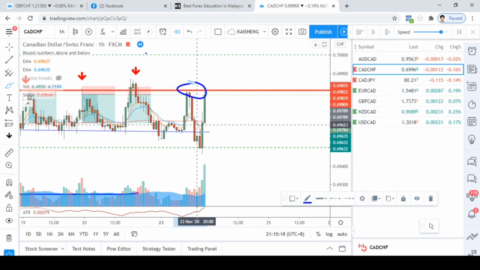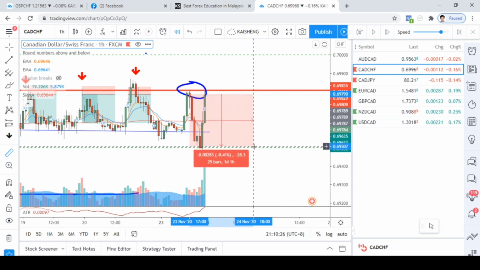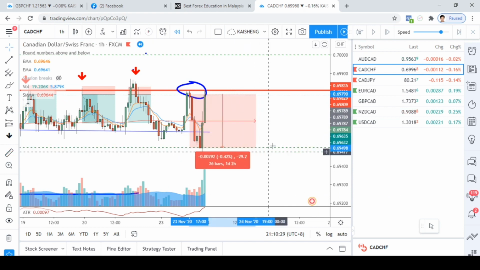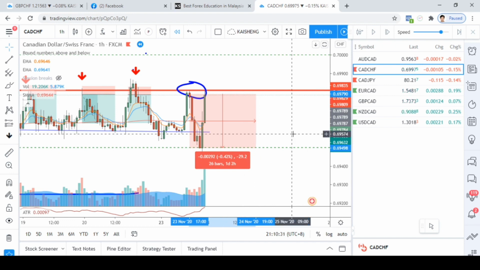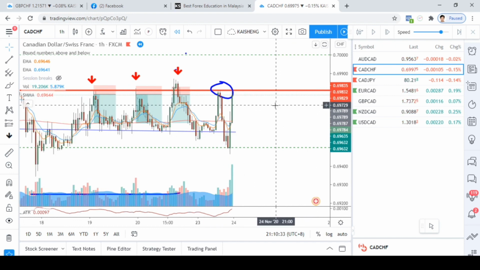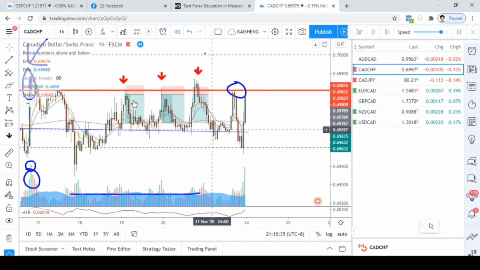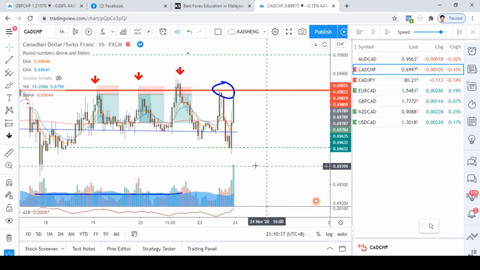From here you can catch this move. This one is roughly around 30 pips. So from here you can trade the key level, the range.